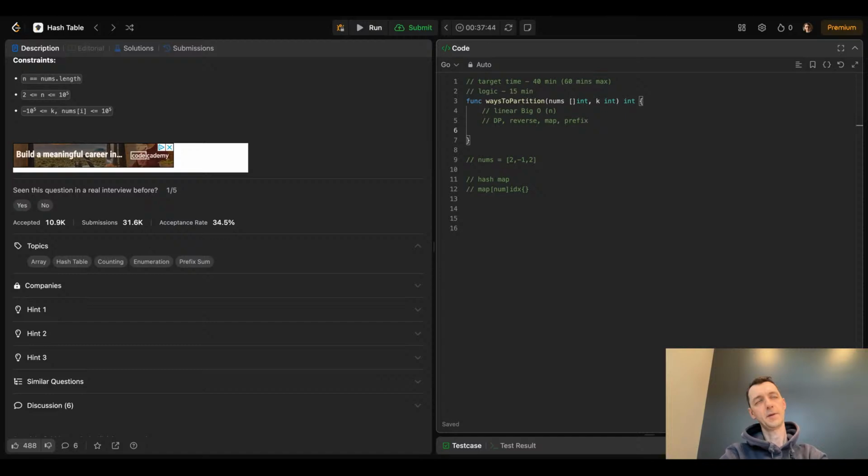In this case, knowing the sum of values in constant time.